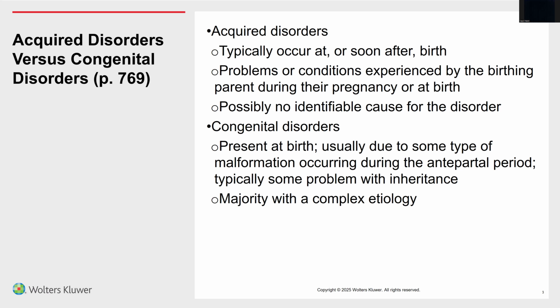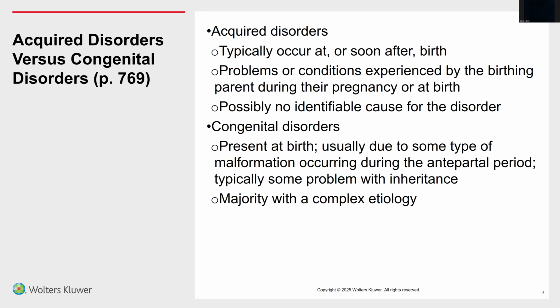Now, it's a little different with congenital disorders because those disorders occur during development in utero. So the baby is born with the condition, and that means that it's present at birth.